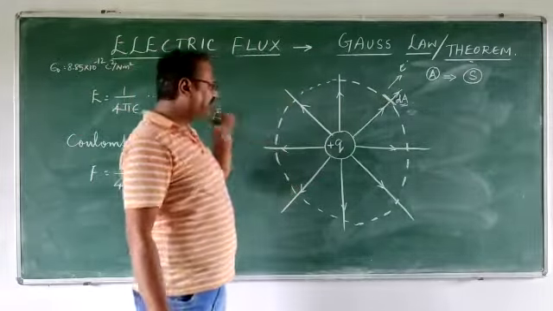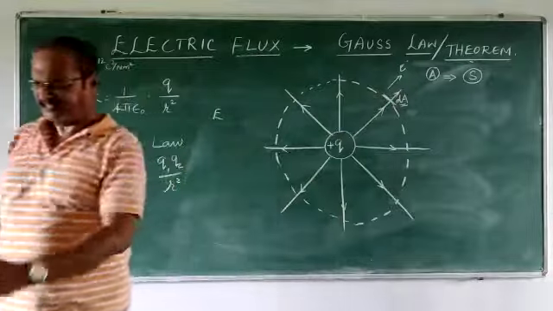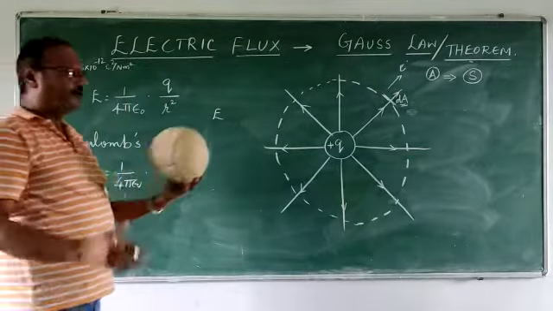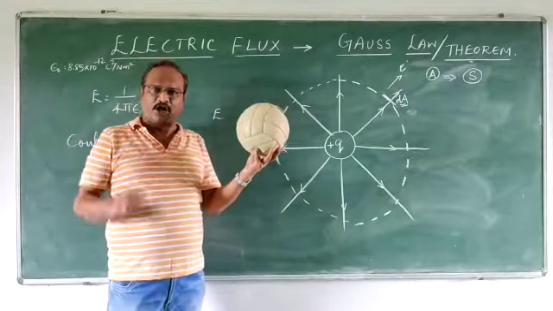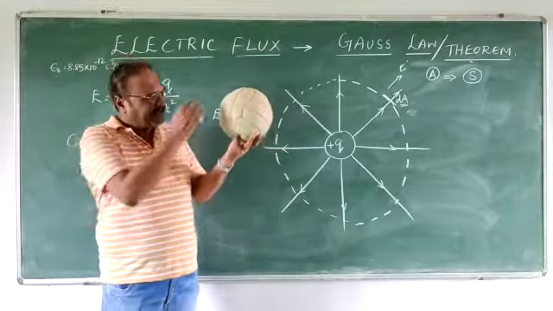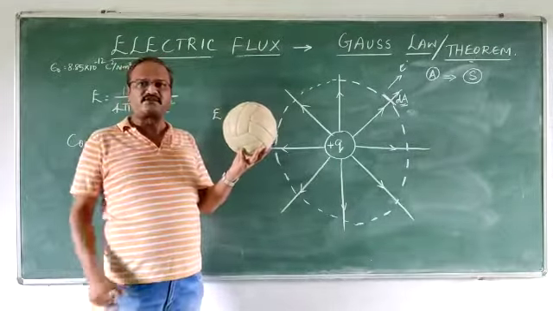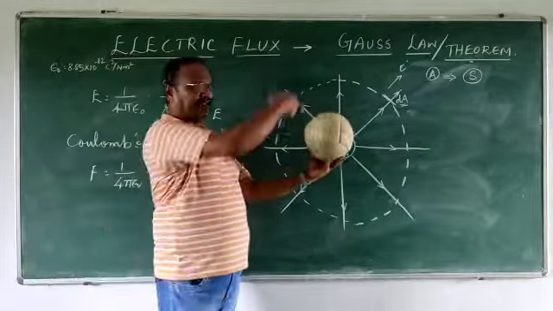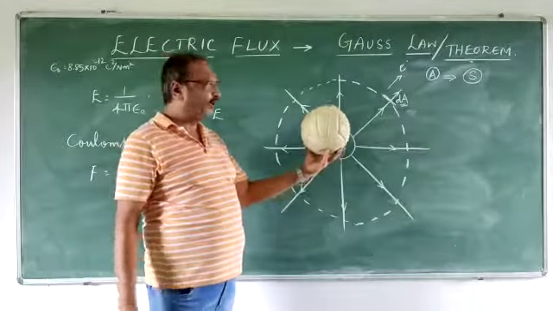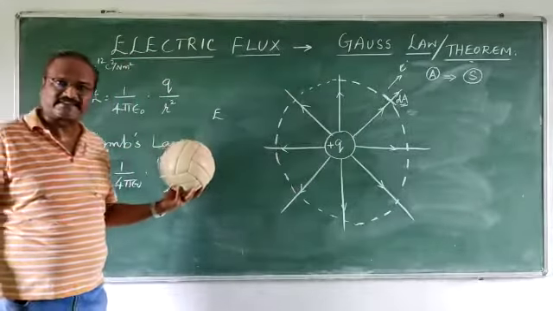Now let us see, the charge is there, electric field is passing through. Let me take an example of a ball. This is a spherical ball, a hollow sphere. Inside the center, imagine the charge is placed, and the electric field lines are passing through in all the directions. Now we can calculate the electric flux.